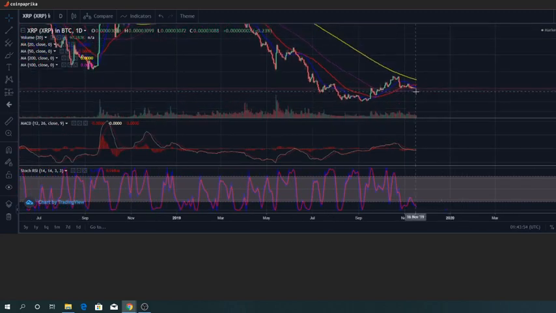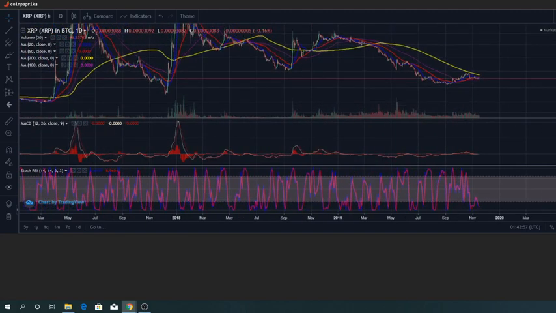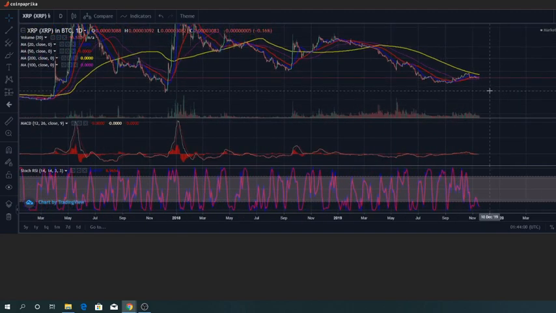And if that actually happens, that should pump the price above the 200-day moving average. And if we look at that, we can see that the price of XRP hasn't been staying above the 200-day moving average. Now this is XRP USD, okay? XRP BTC, sorry about that, XRP BTC. So if the price is staying above the 200 moving average, it should actually start a new bull run there.